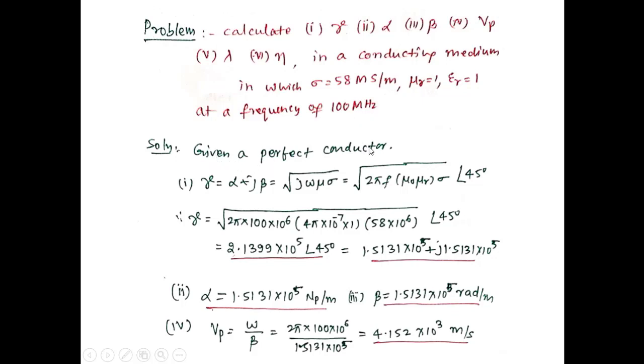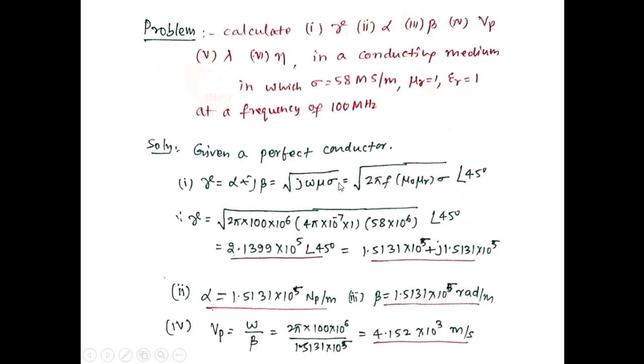Since it is given a perfect conductor, therefore gamma is equal to alpha plus j beta is equal to under root of j omega mu sigma. This is equal to 2 pi f into bracket mu naught mu r sigma. Angle is 45 degree.